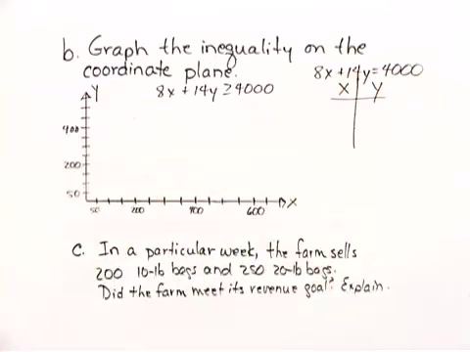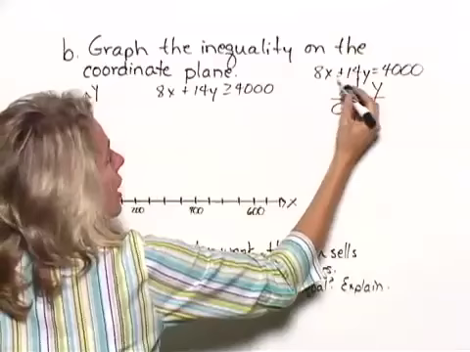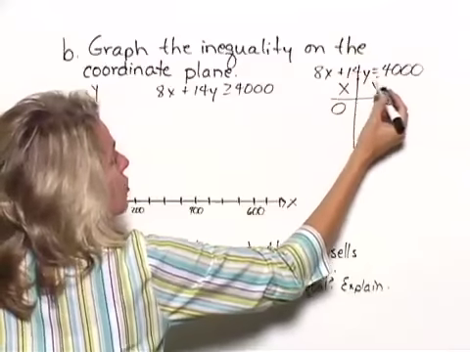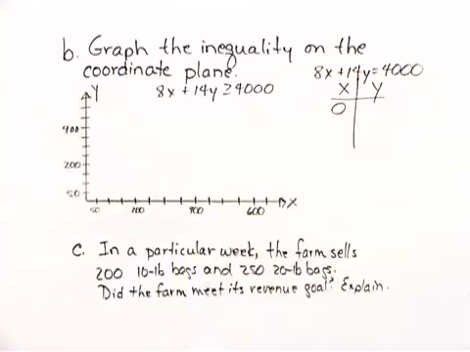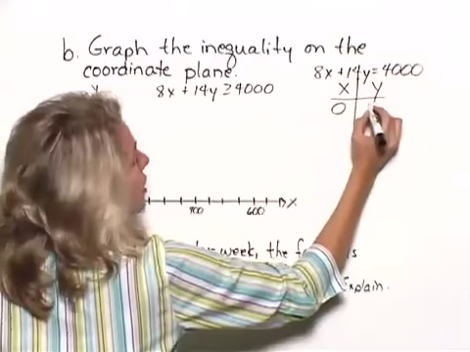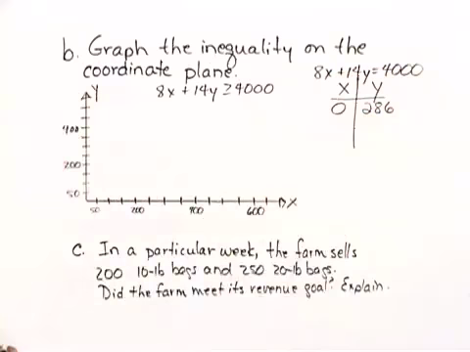Let's start by setting x equal to 0. So we have 0 plus 14y equals 4,000. When we divide both sides by 14, we get a number that's very close to 286. So let's go ahead and plot the point (0, 286).